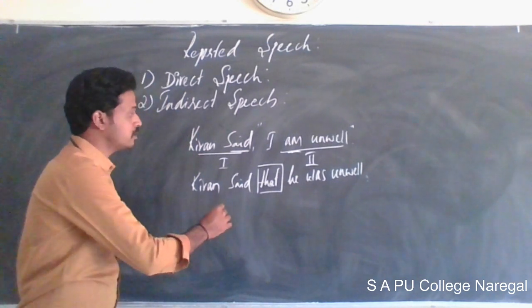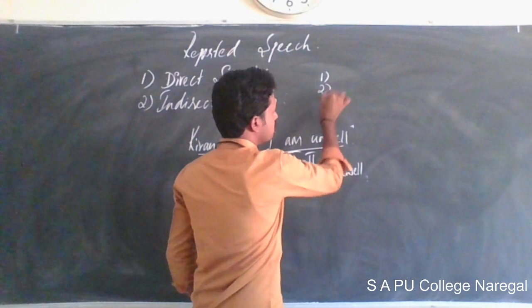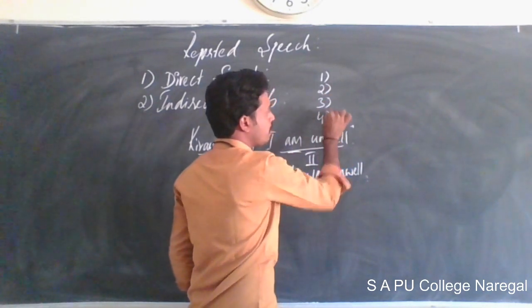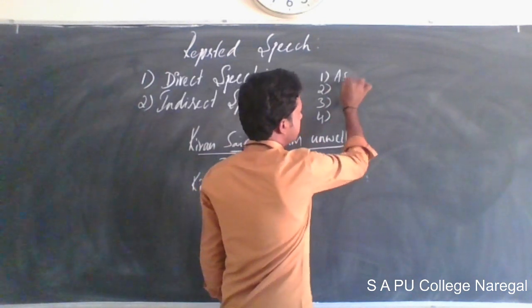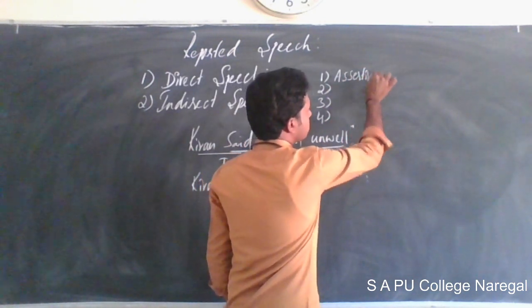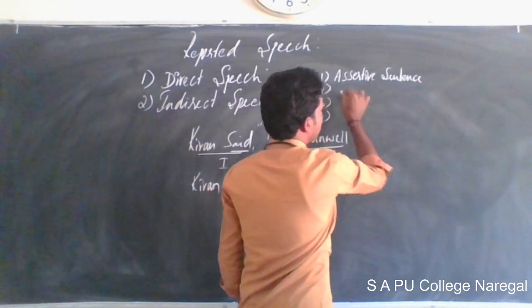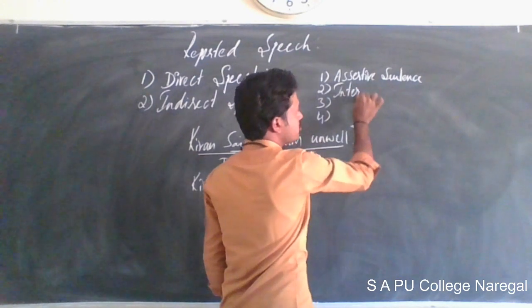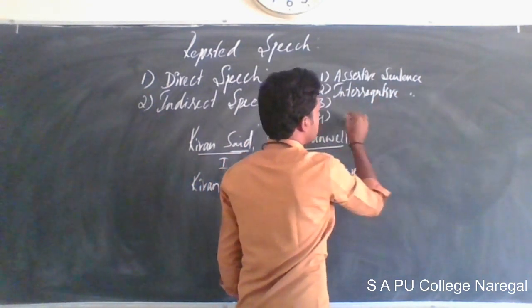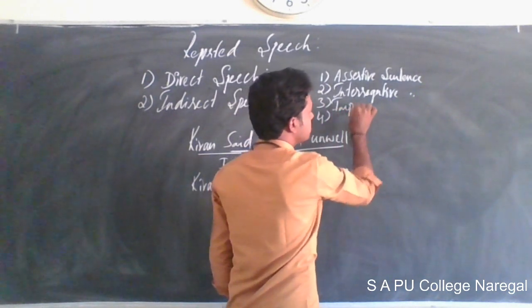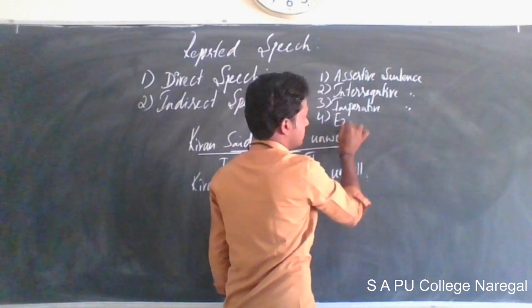As you know, there are four kinds of sentences. The first one, assertive sentence. Interrogative, imperative, and exclamative sentence.